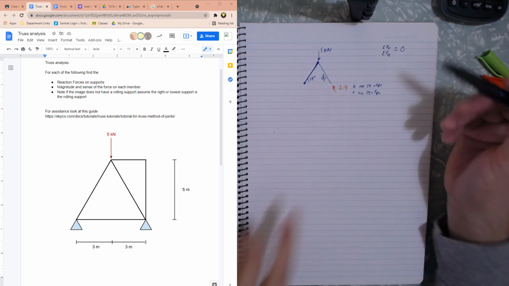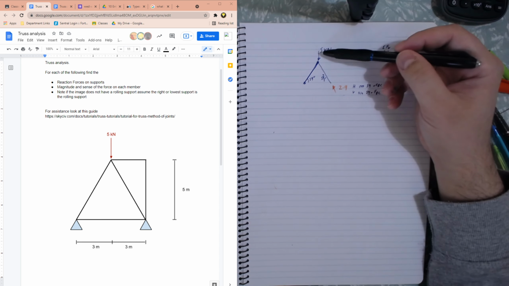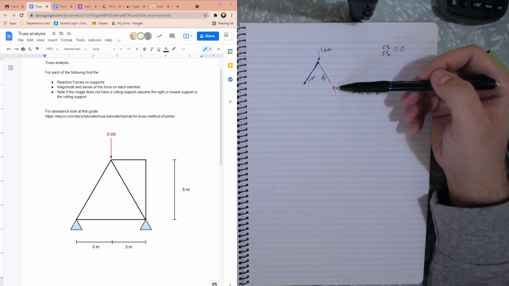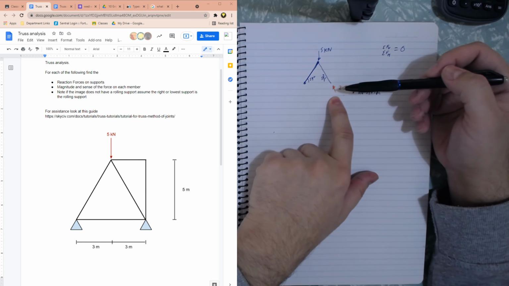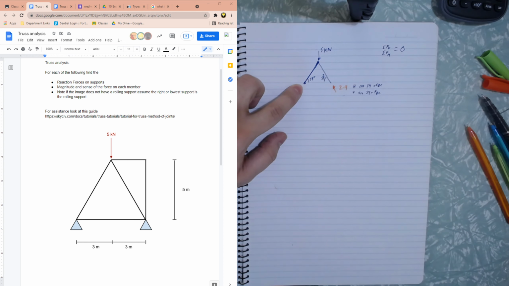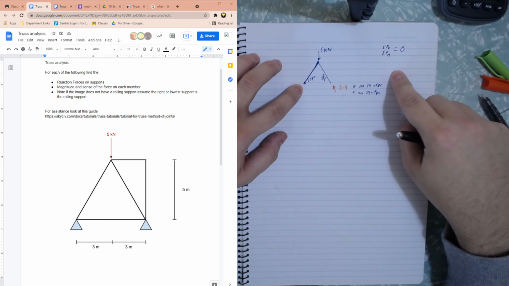But when we look at our sum of all forces horizontal, this one has no horizontal component, so it's not contributing to the horizontal at all. While this one has a horizontal component, it is going to the left. So if this has a force going to the left, the force due to this member has to be the opposite in order for us to get to 0.